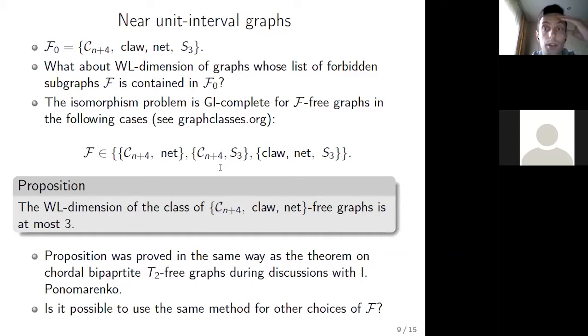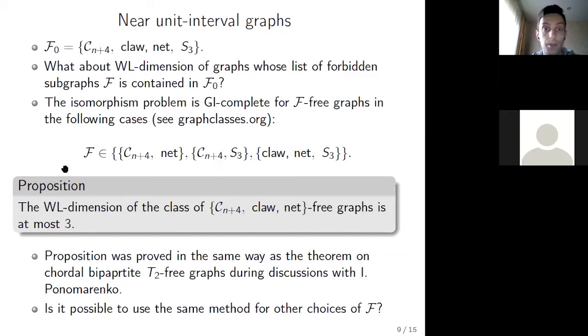It is known that in some cases the isomorphism problem for the corresponding class of graphs becomes GI-complete. This means that it is equivalent to the graph isomorphism problem for all graphs, and there is no hope in these cases that Weisfeiler-Leman dimension is bounded.